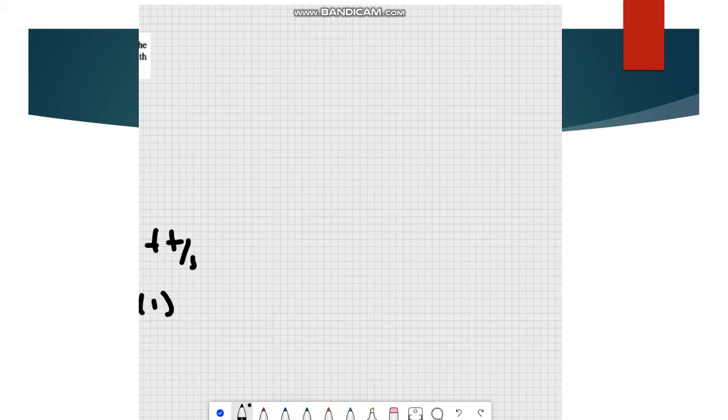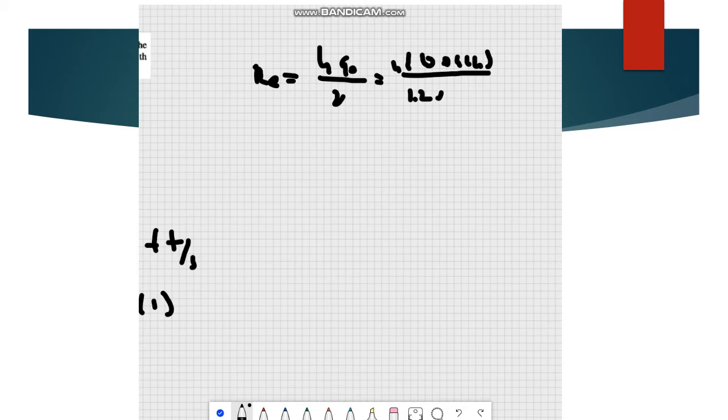So right now let's go to the depth of this flow. First of all, let's check if it is laminar or turbulent. So we need to calculate the Reynolds number, Q0 over the kinematic viscosity, which is 0.0464 over kinematic viscosity 1.2 times 10 to minus 5, right?